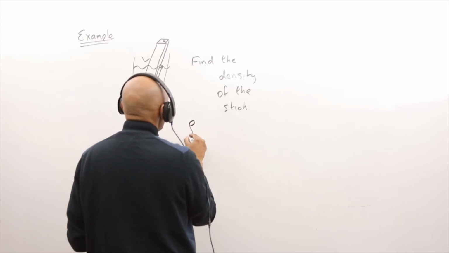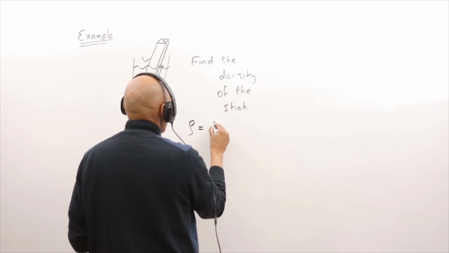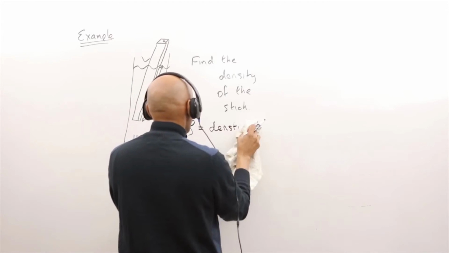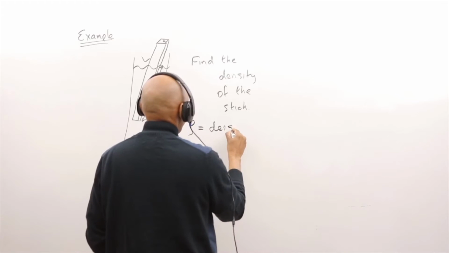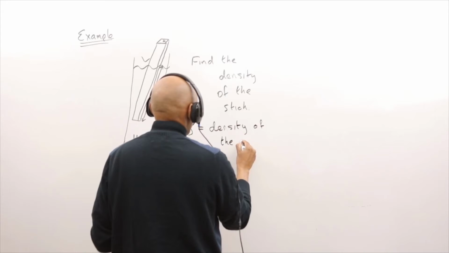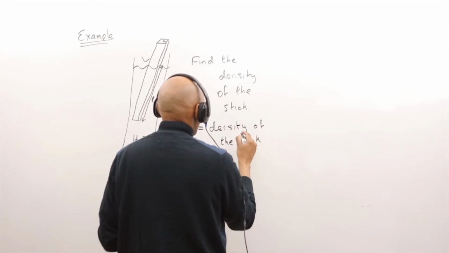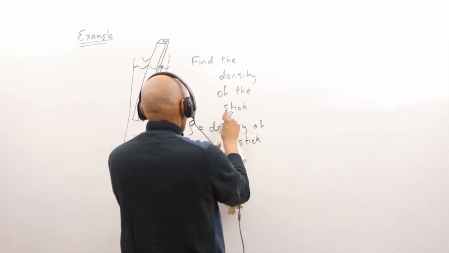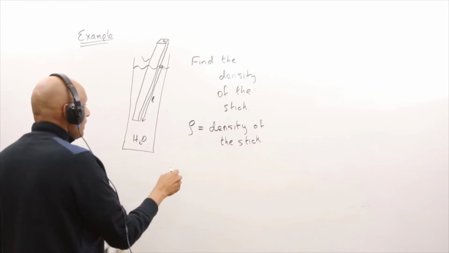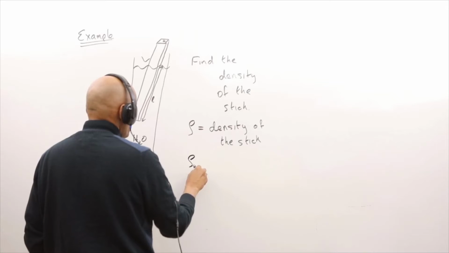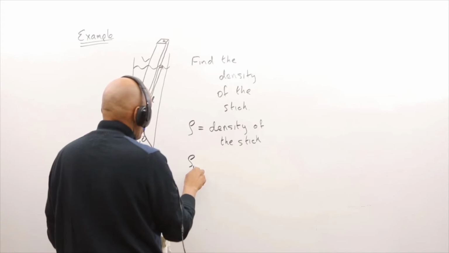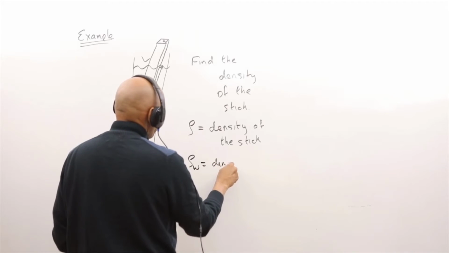I'll call rho the density of the stick, and I'll call rho W the density of water.